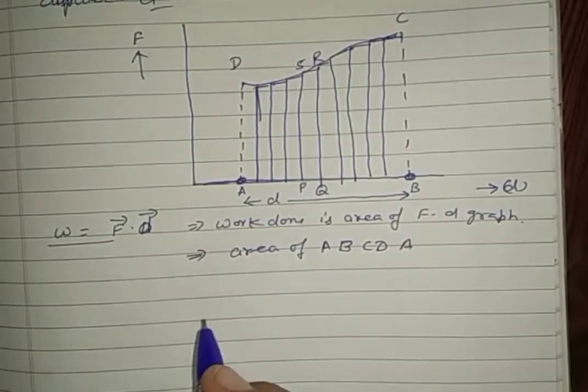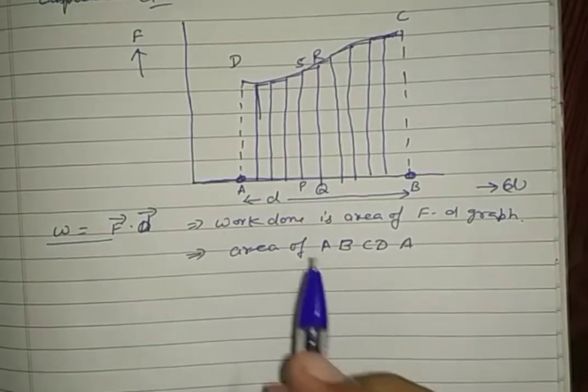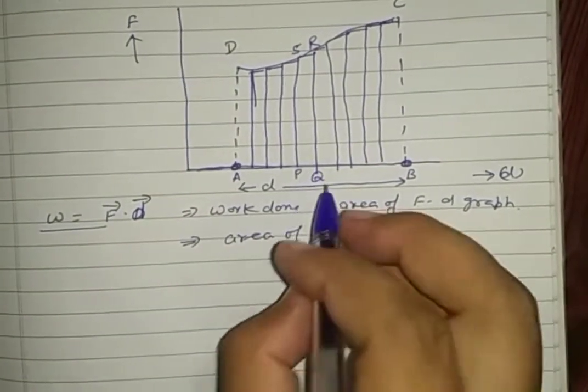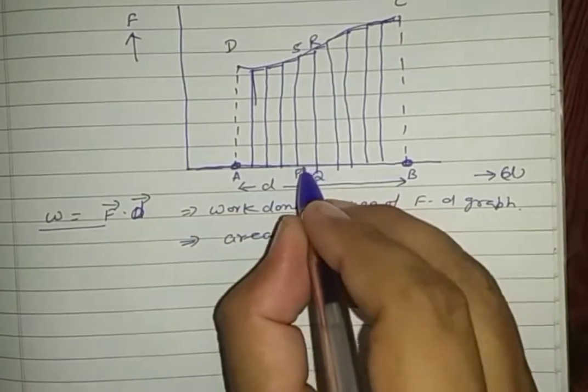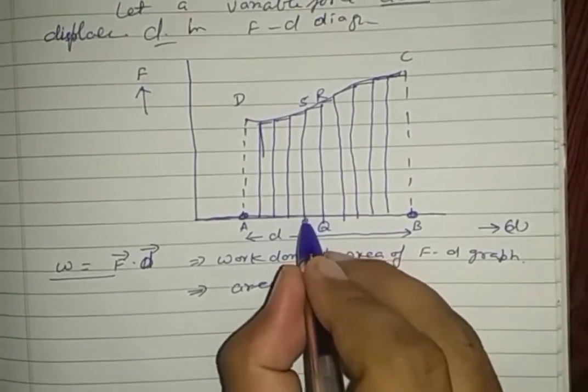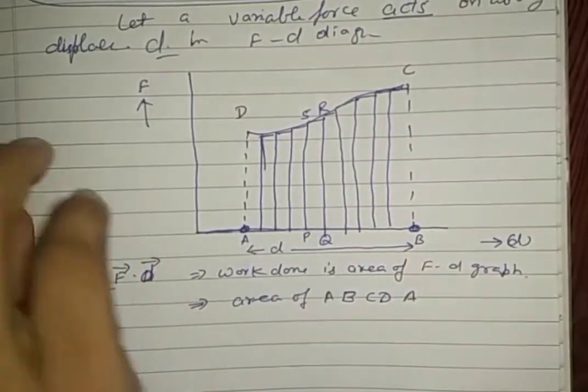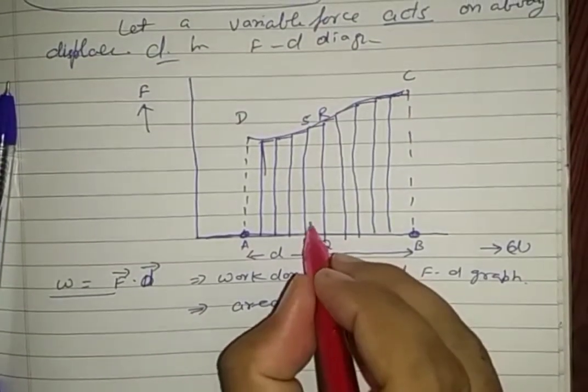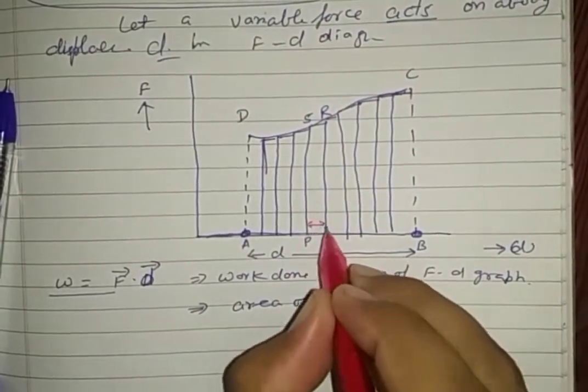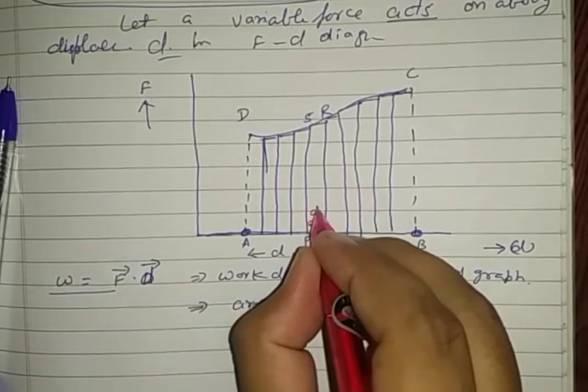Now, to calculate the area, first we calculate the area for the move from P to Q. Let the travelled distance from P to Q, shown by the red line, be dx.